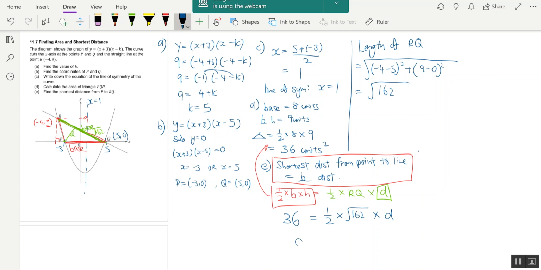Which means d is equals to 36 divided by half times square root 162, which is equals to 5.656. O-level requires you to put in 4 or 5 significant figures first before you approximate to 5.66.